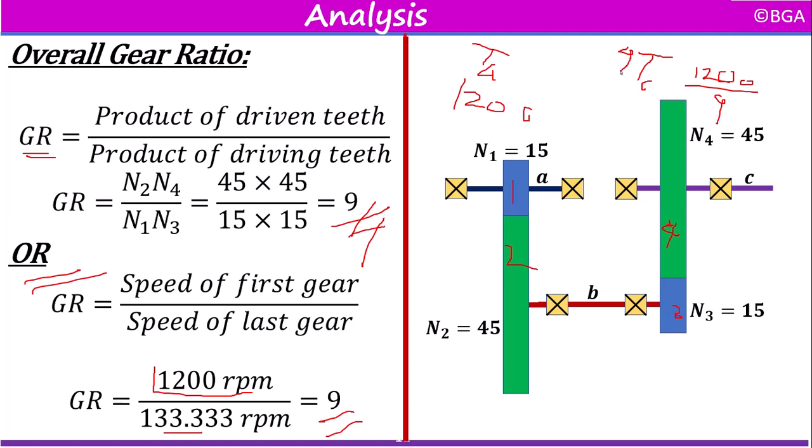So the output gear has a torque of Tc, which is equal to 9 times the input torque. So torque is amplified whenever the speed gets slower. So this is the general meaning of the overall gear ratio.